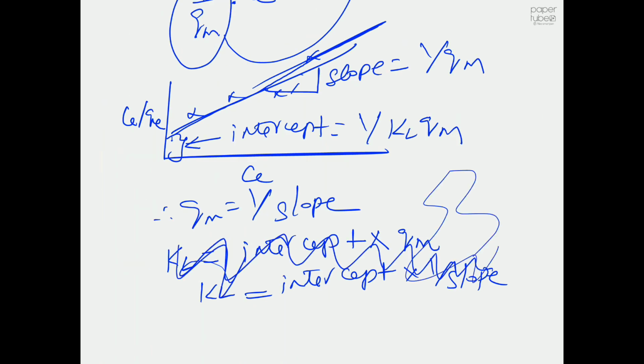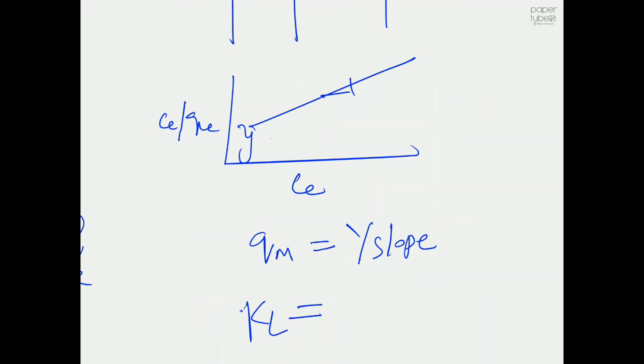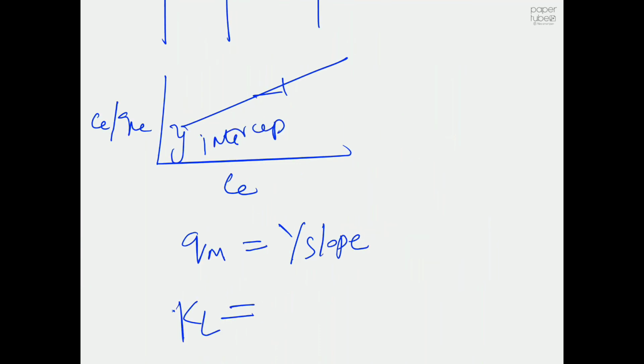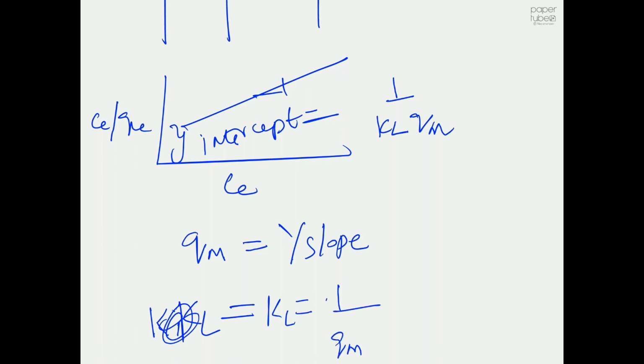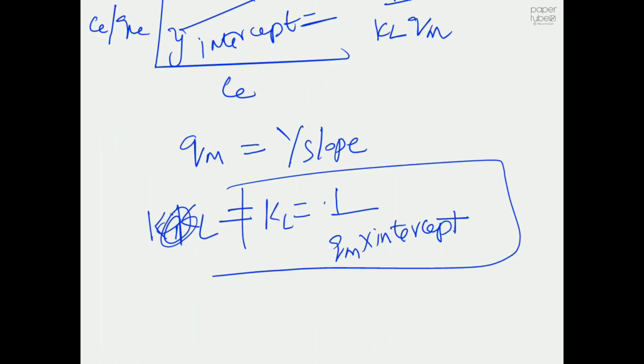Let's try this one. So QM is equal to 1 by slope, that's correct, and intercept is equal to 1 by KL QM. So KL will be equal to 1 by QM multiplied by intercept. Yeah, so that's how you get your KL value.